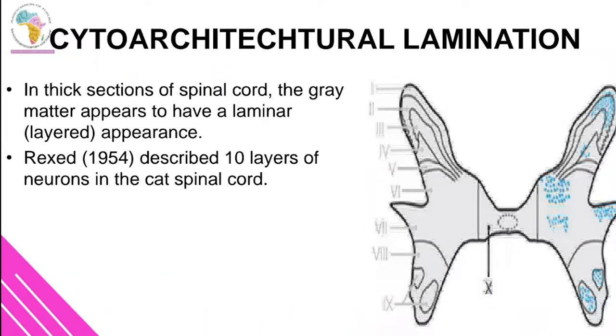So the spinal cord has a cytoarchitectural lamination organization, or it's organized into laminae, which was described by a scientist called Rexed. He divided the sections of a neonatal cat's brain into 10 layers, and this has also been used in humans when carrying out experiments, for example when it comes to degenerative disorders.